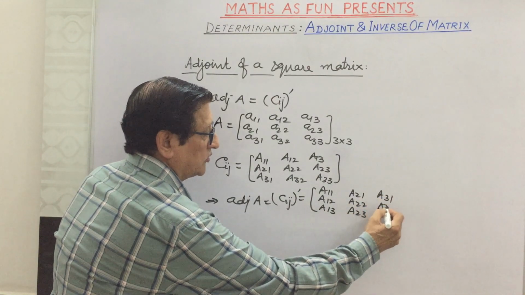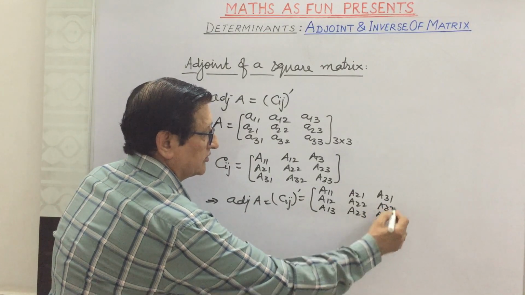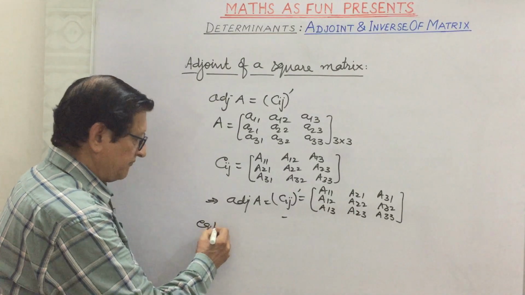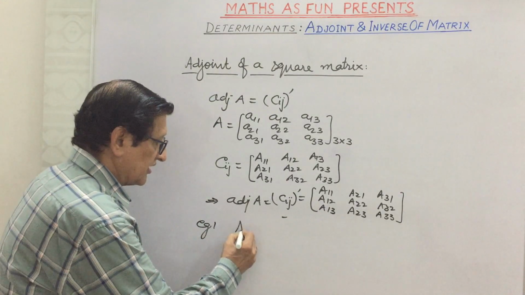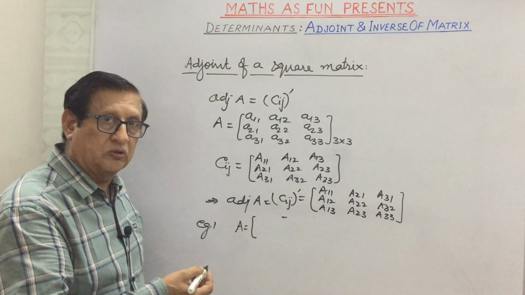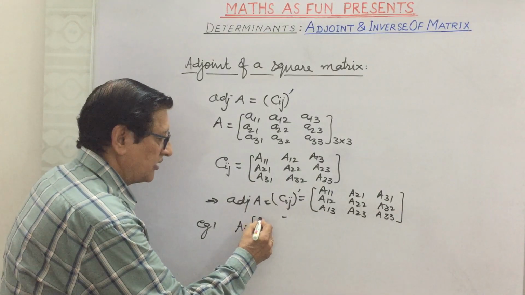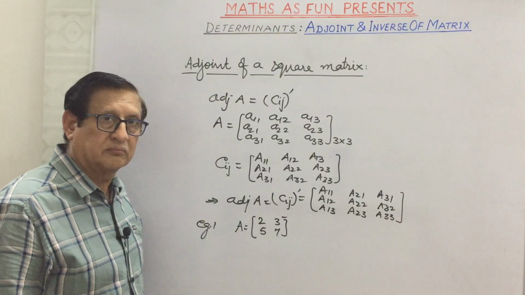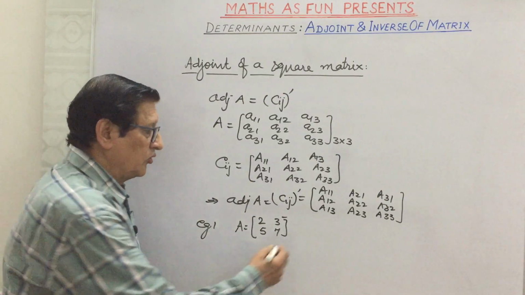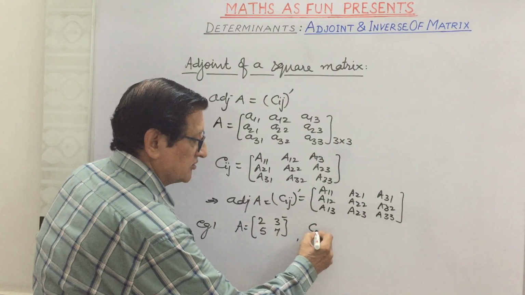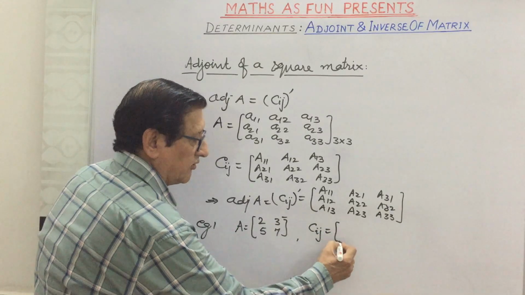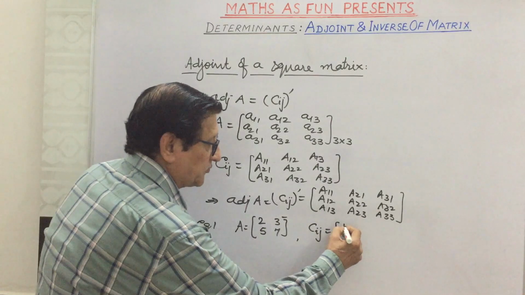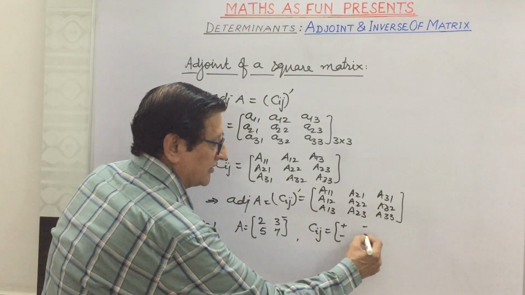A31, A32 and A33. For example, suppose we have a matrix A of order 2 into 2, and the elements in this are 2, 3, 5, 7. Then we know its cofactor matrix Cij. The signs we can substitute first, that is plus, minus, minus, plus.